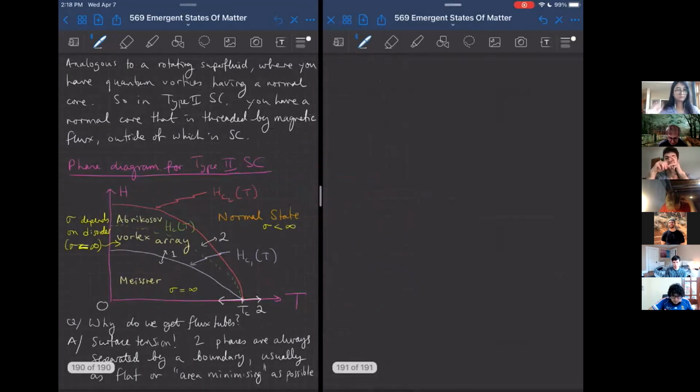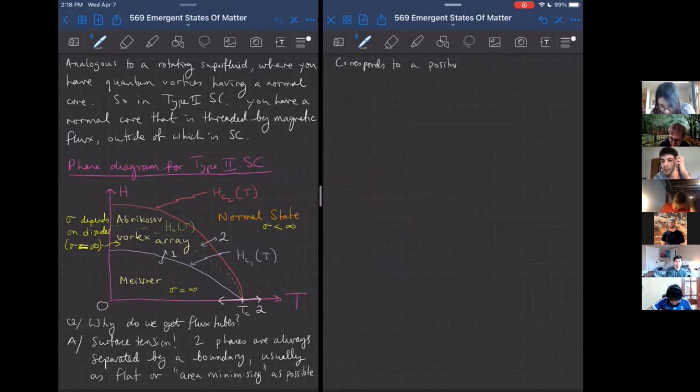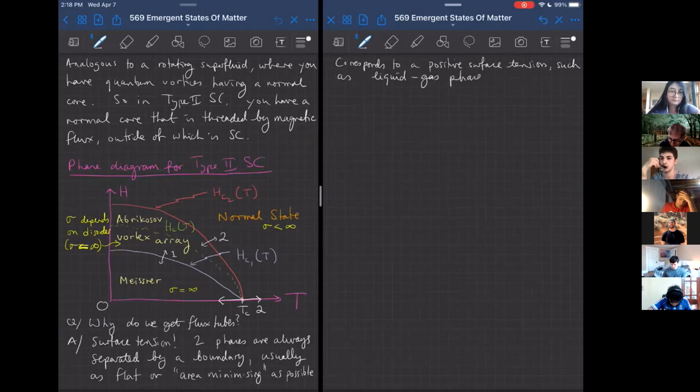That's the situation that we're normally used to, but that situation corresponds to a positive surface tension. And exactly that situation applies in the type 1 superconductors too.